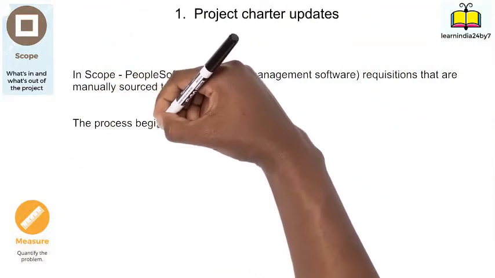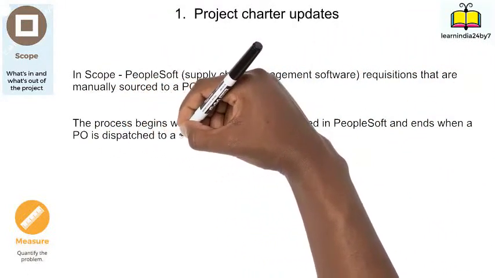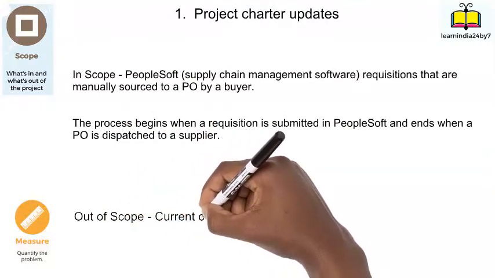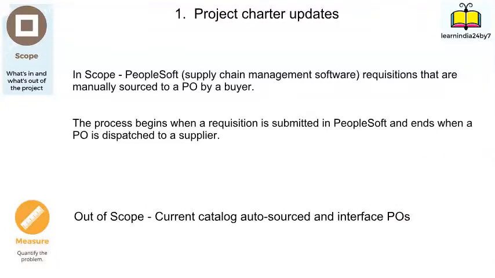PeopleSoft requisitions that were manually sourced were in scope. And current catalog, auto-sourced and interface POs were out of scope.